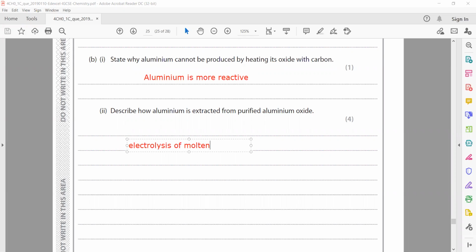Electrolysis of molten aluminium oxide is done by using carbon electrodes, and cryolite is added to lower the melting point.